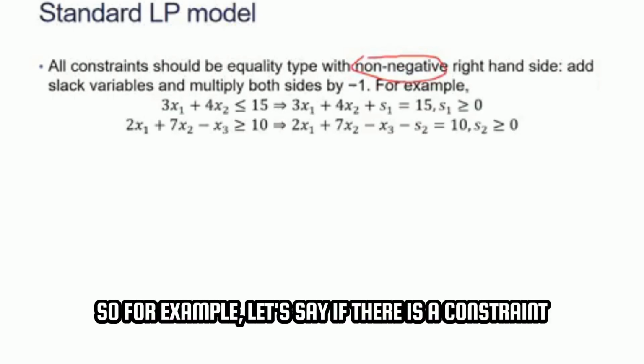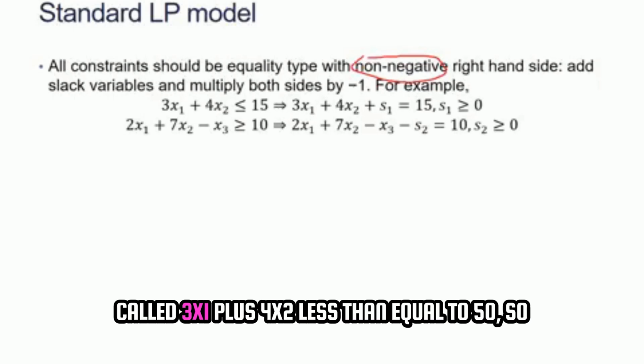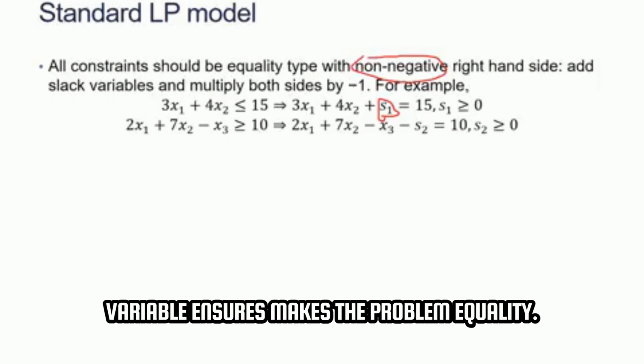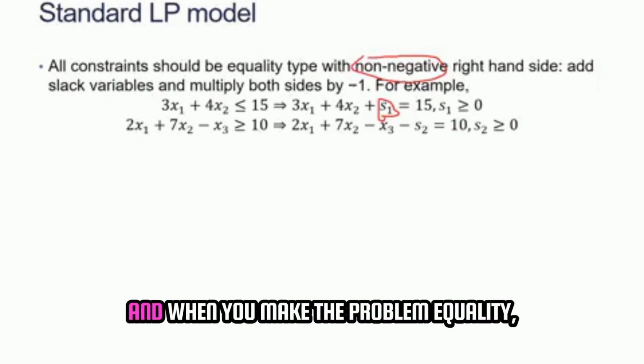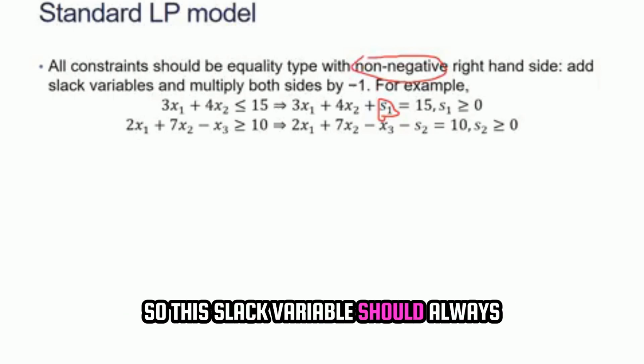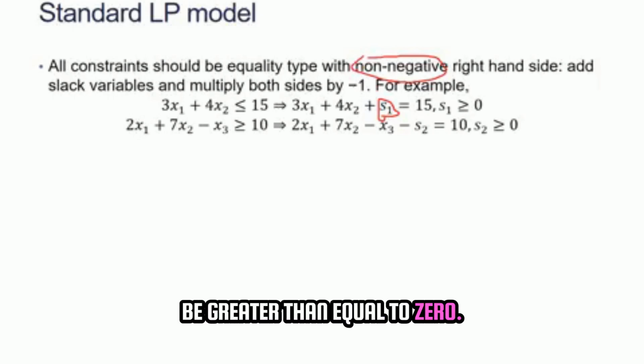So for example, let's say there is a constraint 3x1 plus 4x2 less than or equal to 50. You will add a slack variable, and adding a slack variable makes the constraint an equality. And S1 will be greater than or equal to 0. So the slack variable should always be greater than or equal to 0.